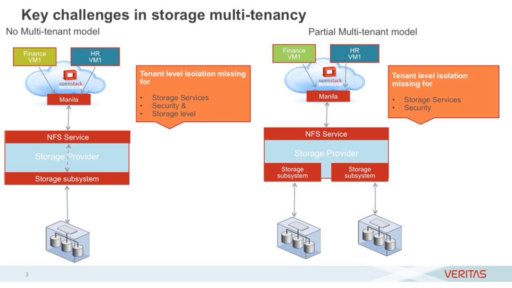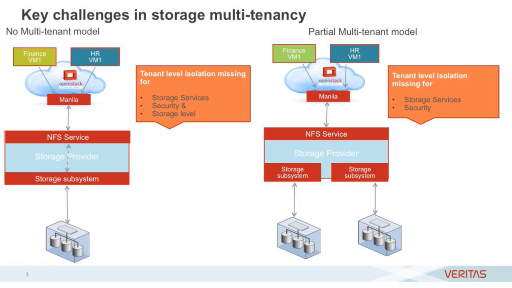So let's really understand what's going on here. On your left, you have two applications, a finance application and an HR application, trying to access a Manila share in OpenStack, right? Manila, as you know, is a file storage provider, like Cinder is a block-based provider in OpenStack.